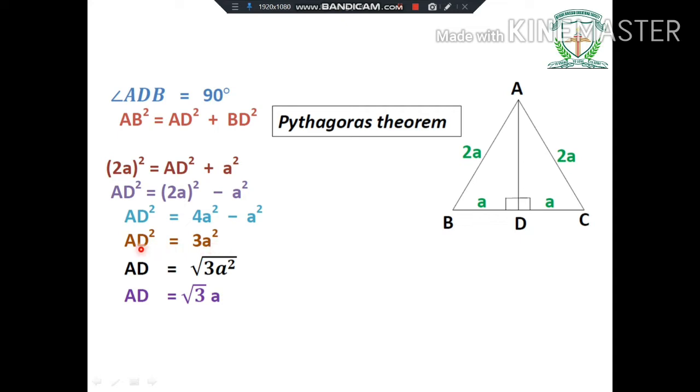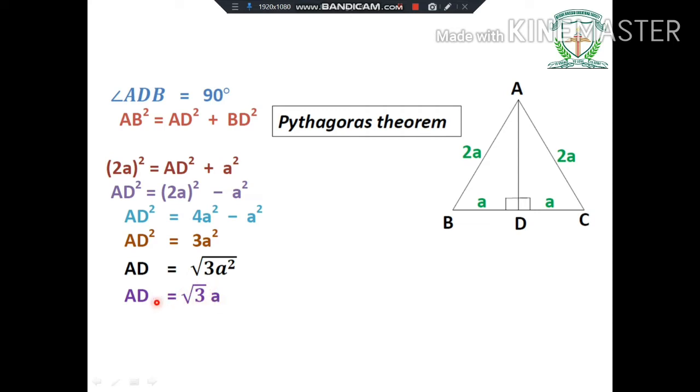Now we need only AD. So what you have to do? Put square root to the right side, 3A square. Square root of A square is A. 3 is not a perfect square, so write root 3 as it is. So therefore AD is equal to root 3 into A.